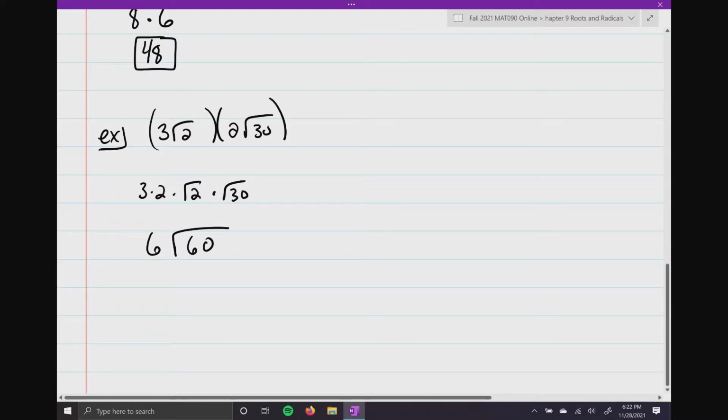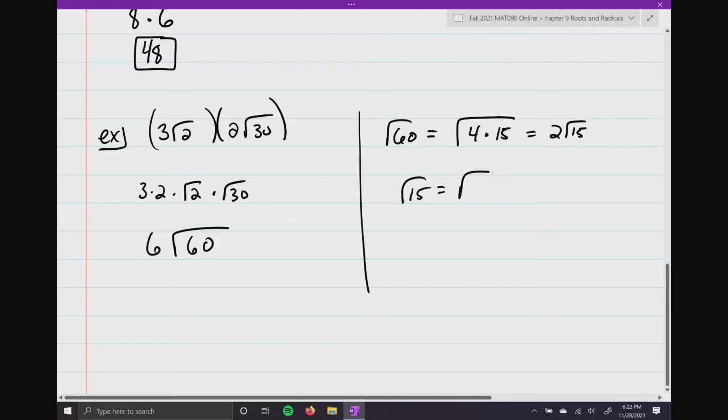And then from here, I can go ahead and try to simplify anything that I can. So on the right-hand side, the square root of 60 is really the square root of 4 times 15. All right? So that's going to be 2 square root of 15. And now that square root of 15, if you think about it, that is just 3 times 5.